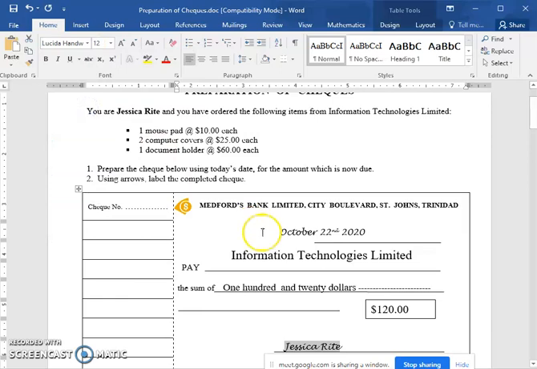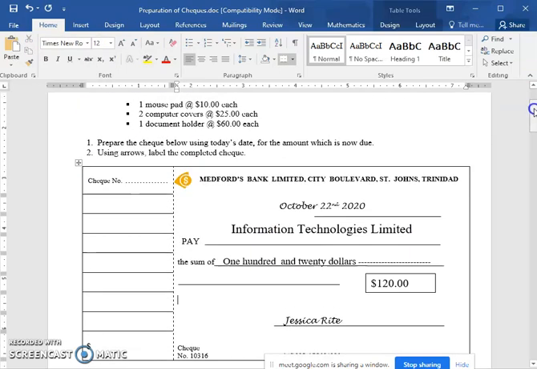Okay, so now that we have all the information filled out on the check, what is this space here for? Filling out information regarding the details on the check, right? So take 2 minutes to complete this portion of the check. So let's look at the information that goes here.